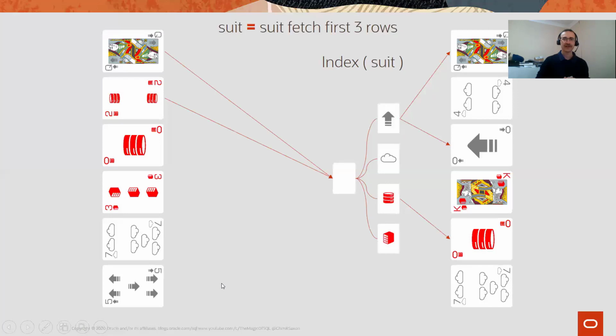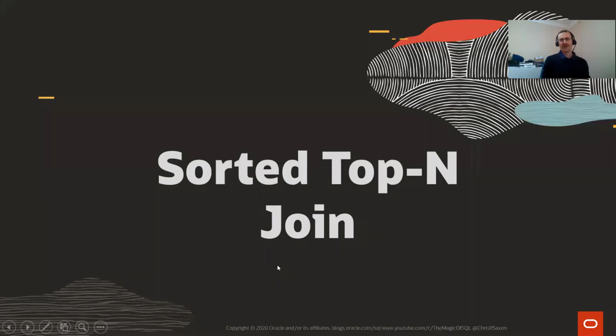So that's when we're fetching any 3 random rows. We read just 2 rows from the outer table and the 3 matching rows on the inner table in this example, plus look up the index. Pretty efficient. Okay, so that's pretty unusual, a random top n.